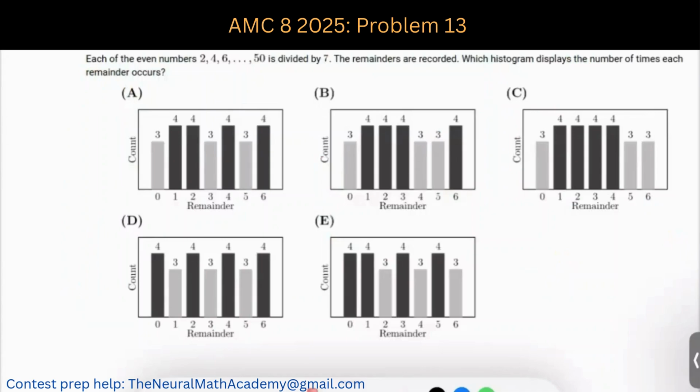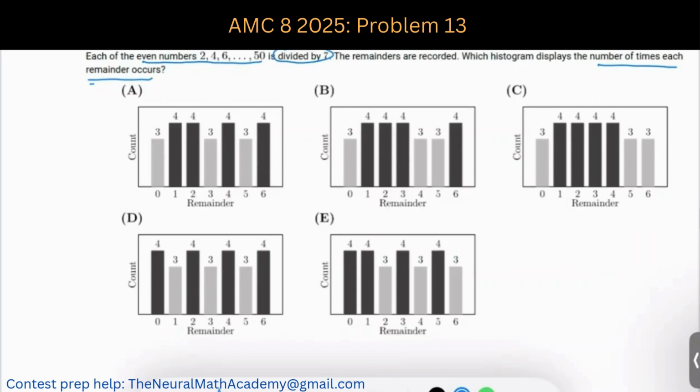So now let's look at the next problem, that is about finding the number of times each remainder occurs. Now let's look at problem 13, that is about finding the number of times each remainder occurs when we divide even numbers from 2 to 50 by 7.